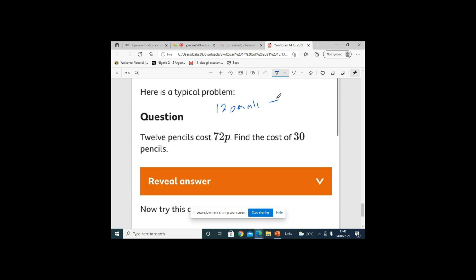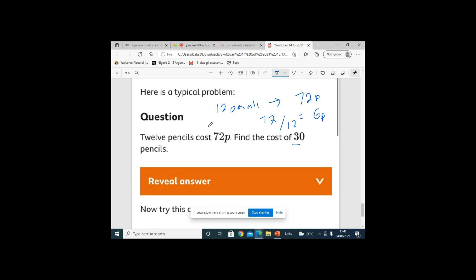So if you want to find the cost of 30, you have to know the cost of one first. If 12 pencils cost 72p, what's going to be the cost of one pencil? That's going to be 72 divided by 12. That's going to be 6. So one pencil costs 6p.